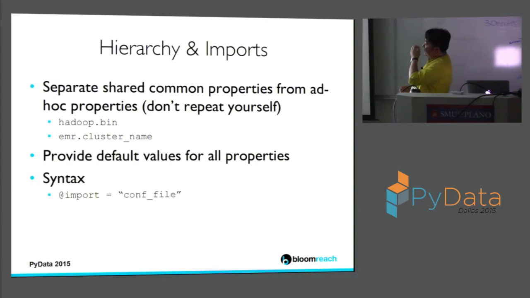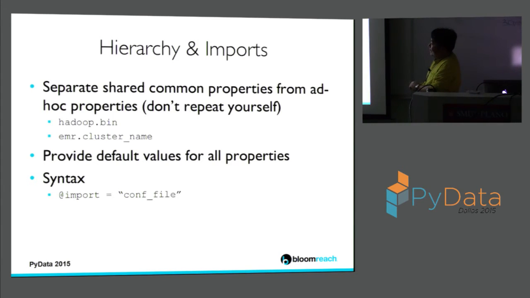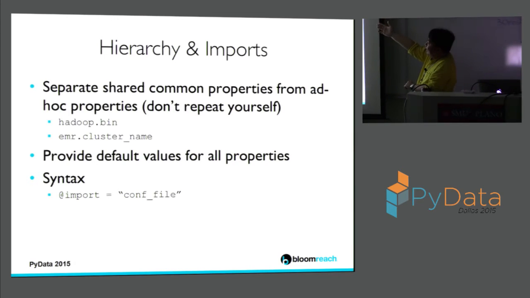Another important feature for our configuration is that it's hierarchical. By hierarchical, we mean that we can have something dot something dot something continuously. So you can have Hadoop binary, you can have EMR dot cluster name, and then you can put all your property settings together. They are resolved recursively.